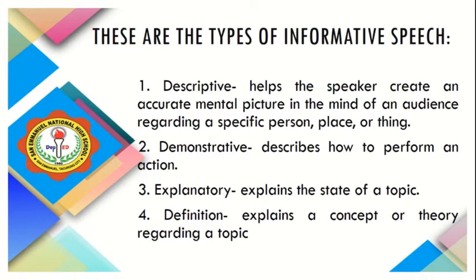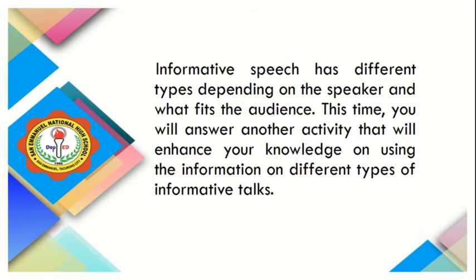The third one is explanatory, which explains the state of a topic. And the fourth one is definition, which explains a concept of theory regarding a topic. Take note also that informative speech has different types depending on the speaker and what fits the audience.